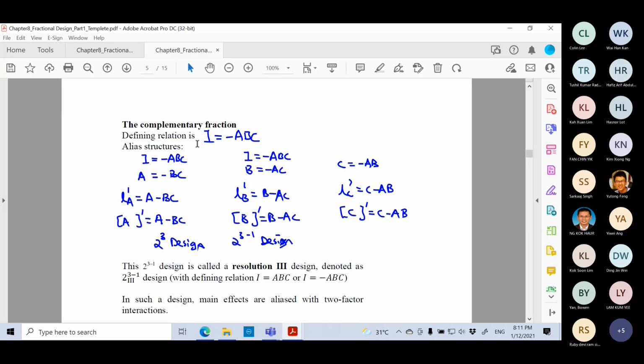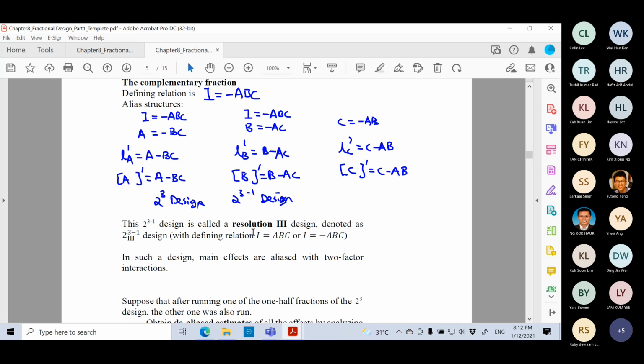After I introduced the defining relation, I chose I equal to ABC as the starting generator, so I equal to ABC is a defining relation, or I equal to negative ABC as a defining relation.